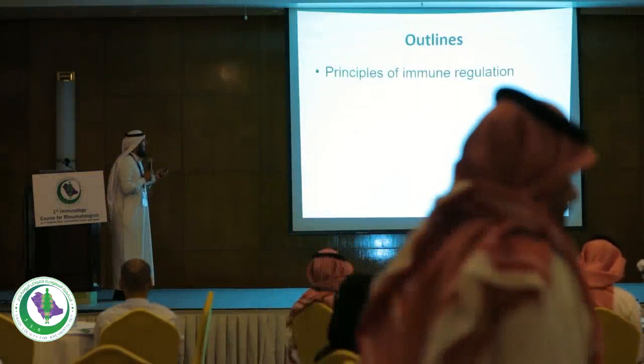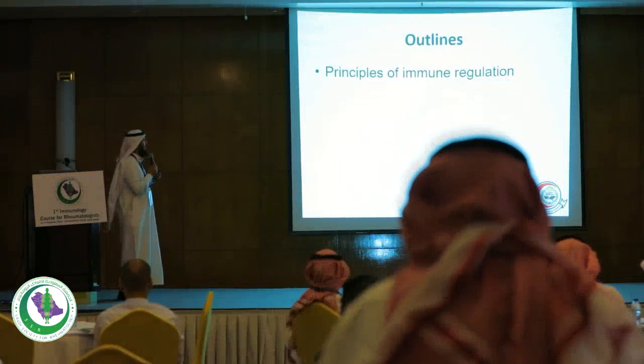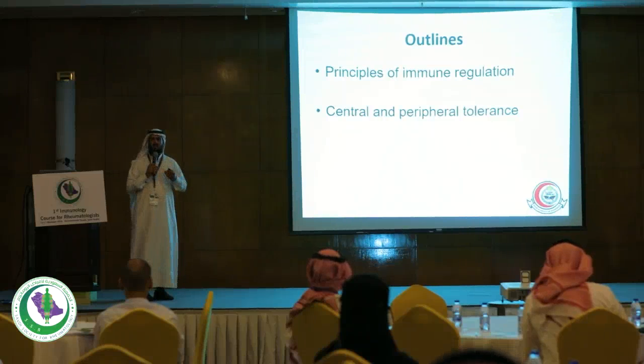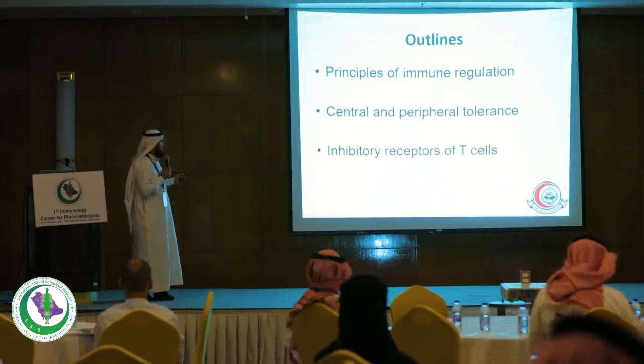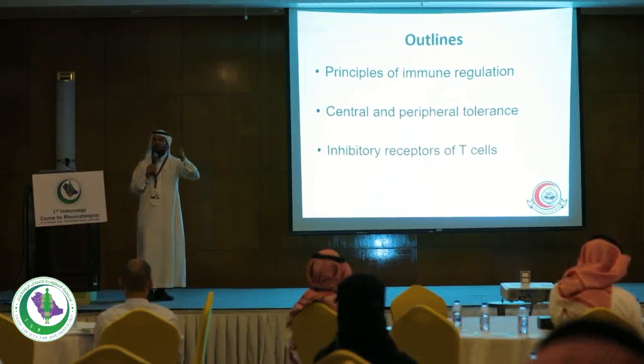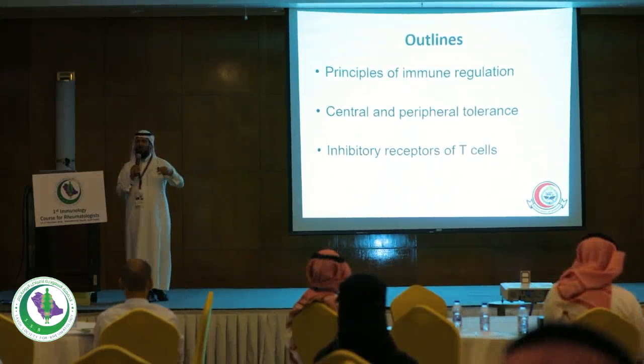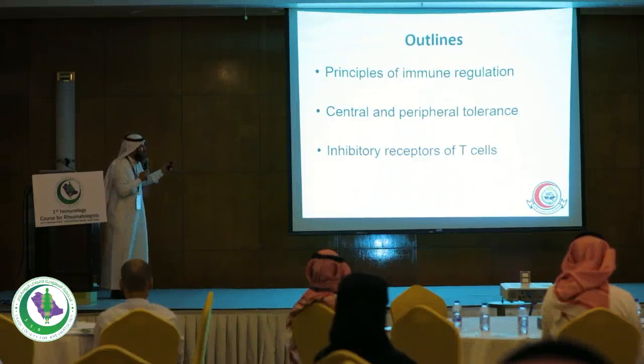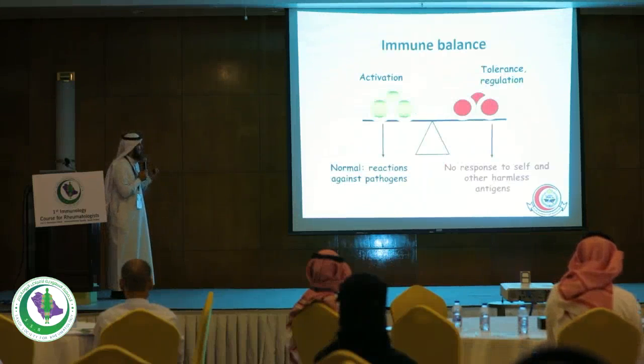So the outline: we'll talk about the principles of immune regulation, central and peripheral tolerance, and inhibitory receptors of the T cells. I'm repeating what all the people said before about the Tregs and all the others, but we try to modify what they said before.